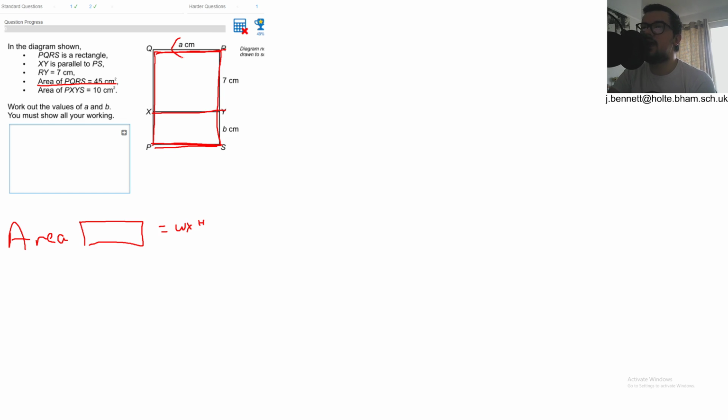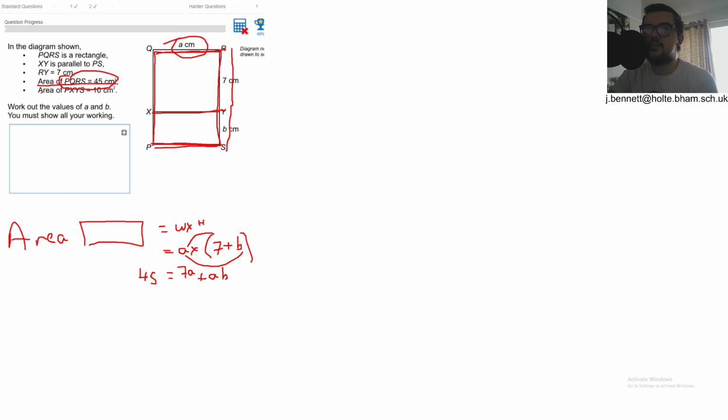So we have A as our width multiplied by our length, which is 7 plus B. So we have 7 plus B. When we expand that, we get 7A, because we've done 7 times A, and then we have to do AB. 7A plus AB. And we can equate this to 45 because the area of PQRS is 45. It says so here. So 45.